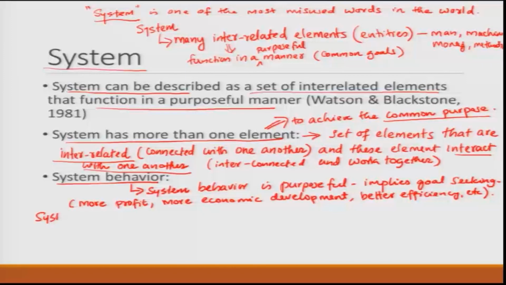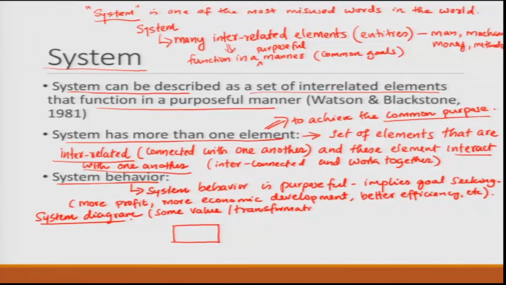Now, if we diagram a system, there are many ways people diagram the system. And one of the diagrams that I like the most, which was originally proposed by Watson and Blackstone, is this: you can think about it as some value addition or transformation, a process happens.